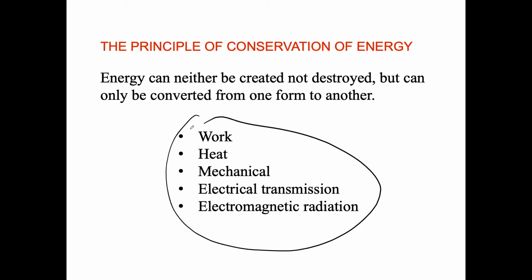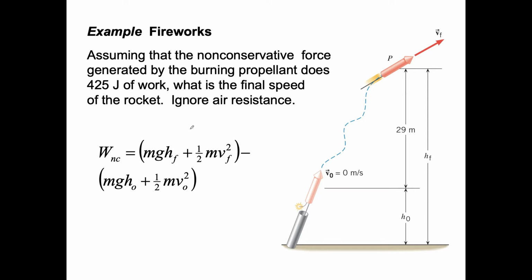So let's do one example. It's a firework, starting from velocity 0, and the burning will push the firework up to a height of 29 meters. The work done by the burning propellant is 425 joules.